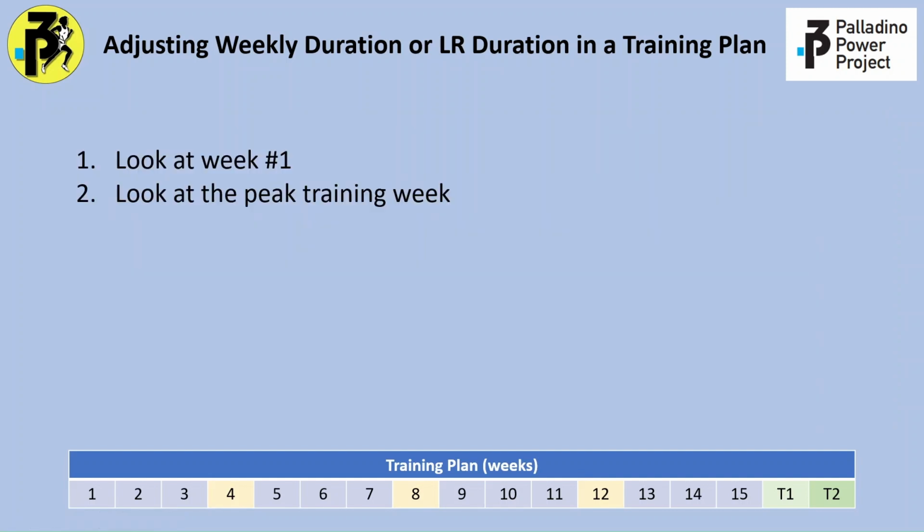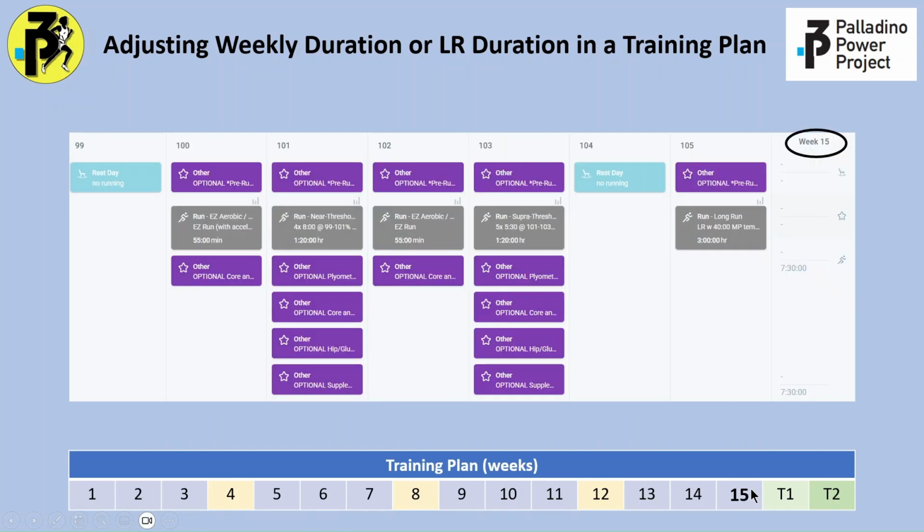Then let's look at the peak training week. That would be week number 15 in the plan. Ask yourself the same question: is this above or below what I'm able to do?